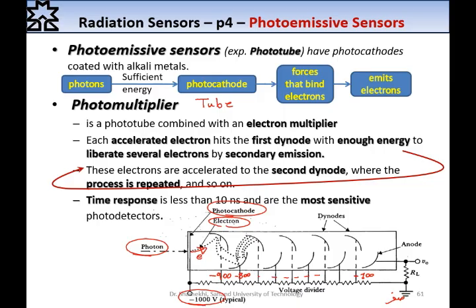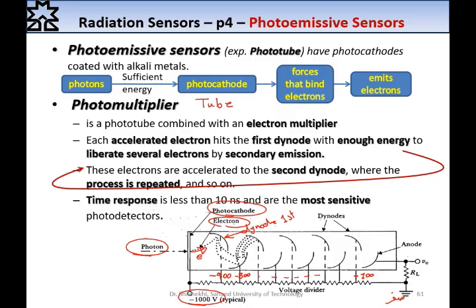The electron extracted from the photocathode will be accelerated to reach the first dynode. As in a billiard game, if this accelerated electron hits the first dynode, it will extract 2, for example.